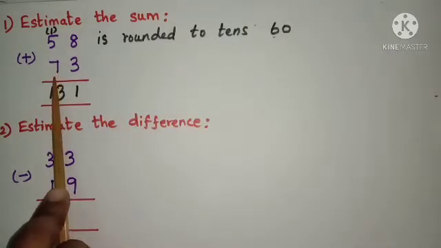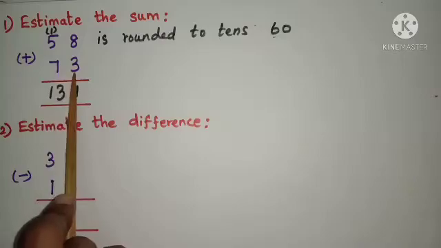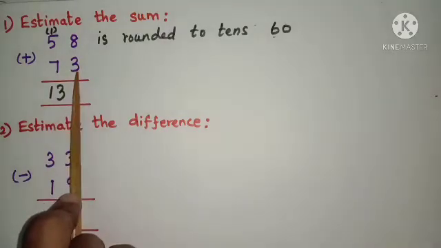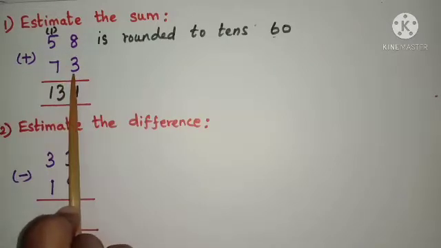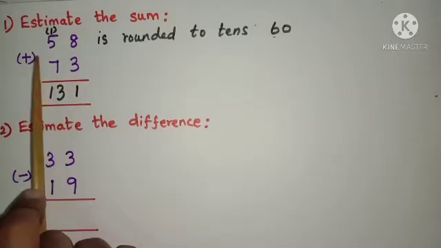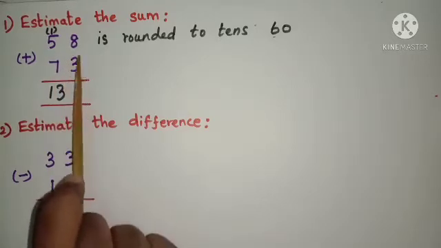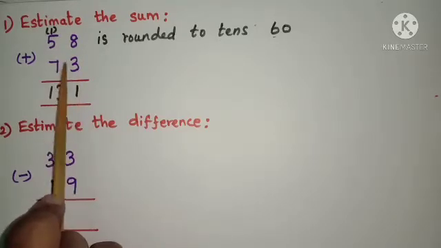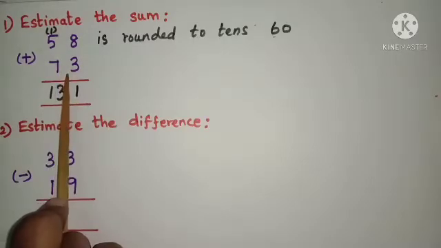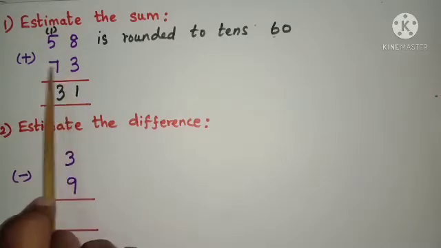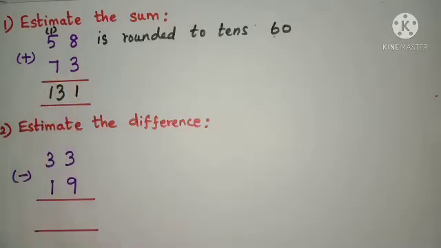Now, see the next number 73. Here, check the unit digit of the given number that is to be estimated. Here, 3, which is less than 5. So, what you have to do? Yes, you need to put the previous number as it is and make the unit digit 0. That is, we round off the value 73 to tens.